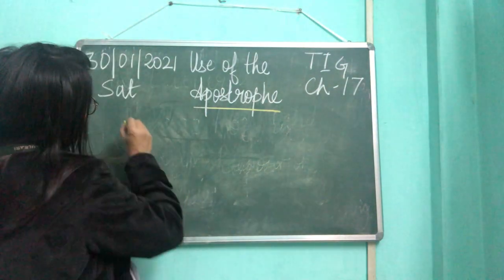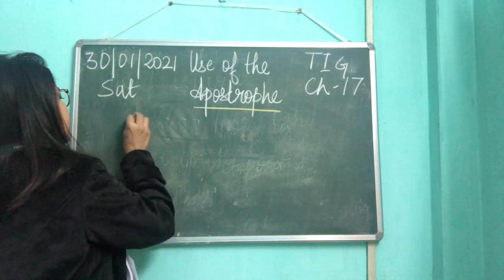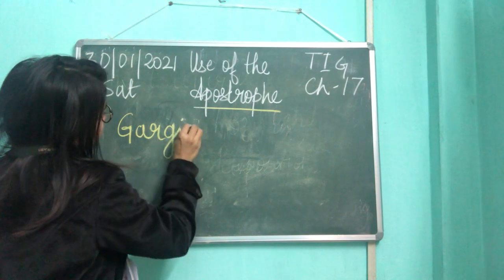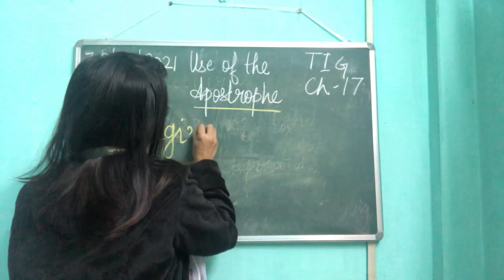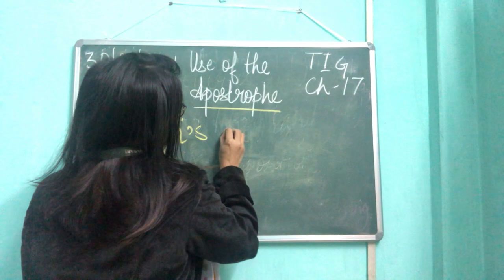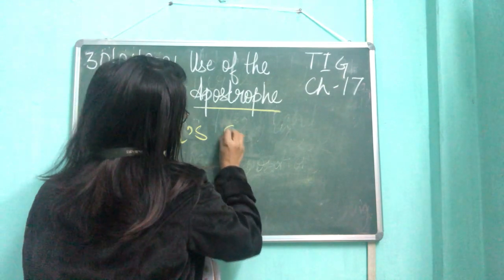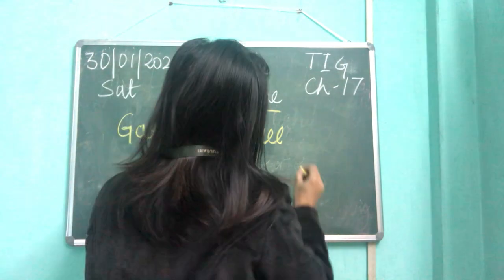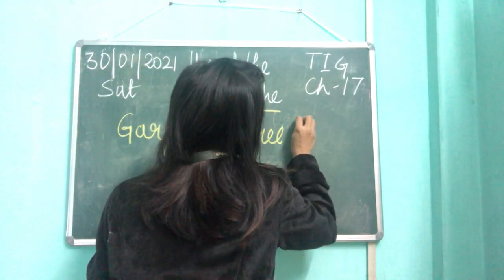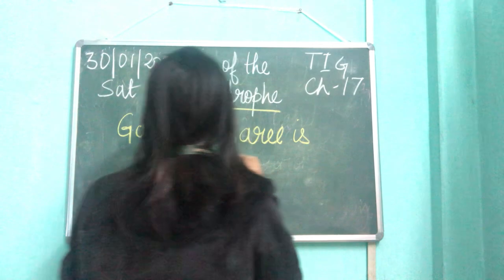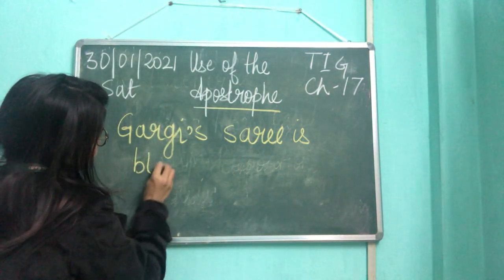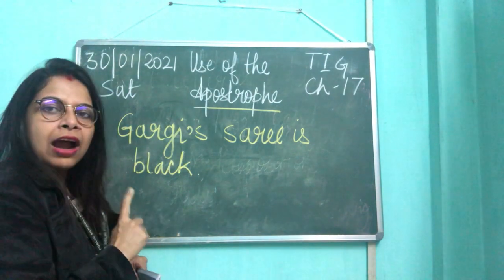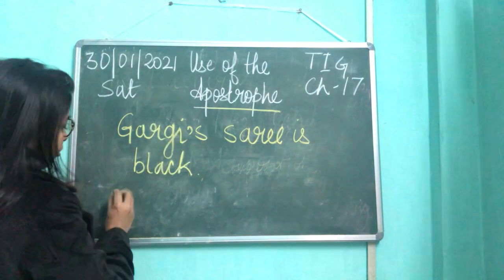Gargi's sari is black. Okay, this is just an example I have written. Gargi's sari is black.